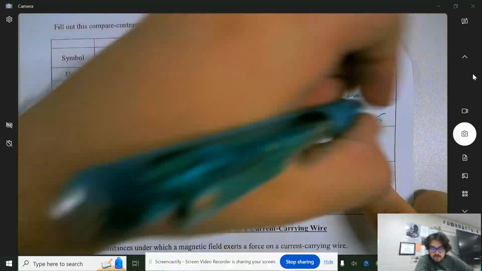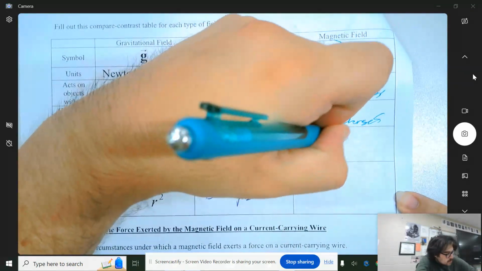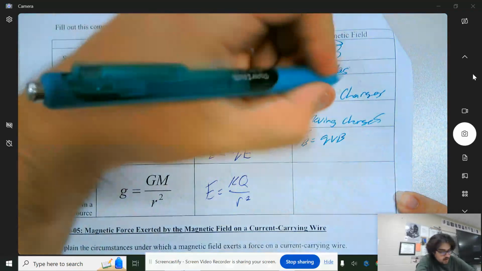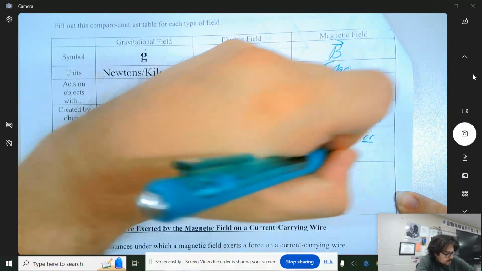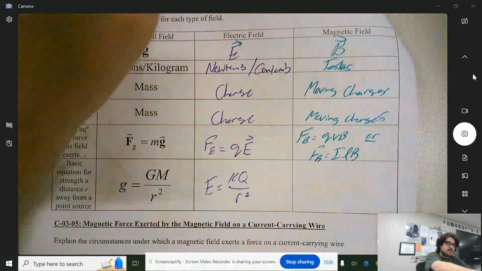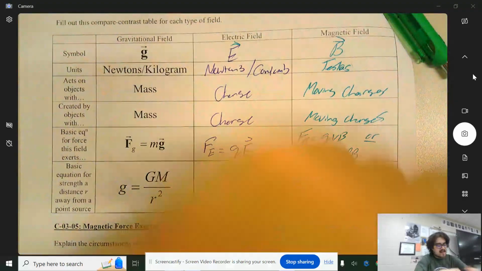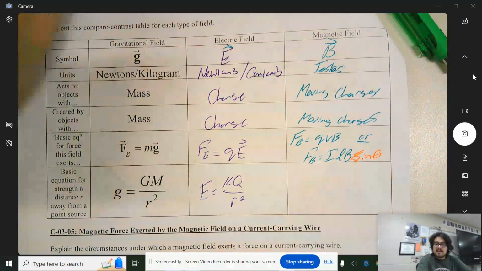The basic equation for this, there's two of them: the magnetic force is equal to qvB, or F sub B equals ILB. And technically there is also attached to this a sine theta, and we'll get more into that later.